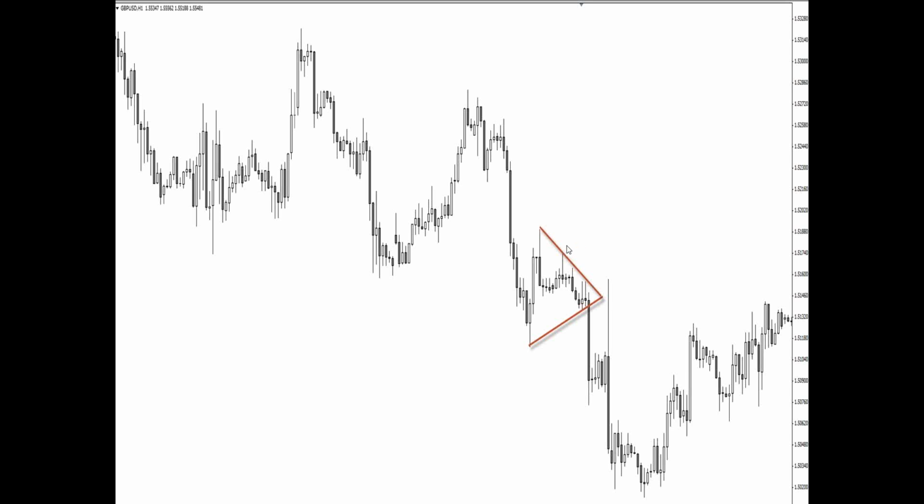But the thing is, this was a retest which happened a couple of hours later. So a breakout of a triangle can be either with a retest or without a retest. I prefer a retest, but you can also be a trigger happy trader. So you want to see and exploit a full breakout of that lower trend line. So this was an example of a symmetrical triangle.